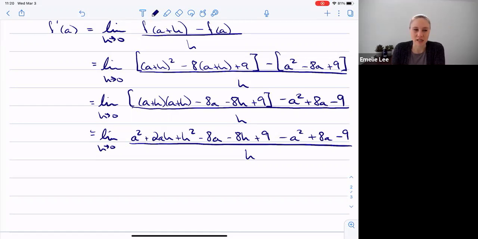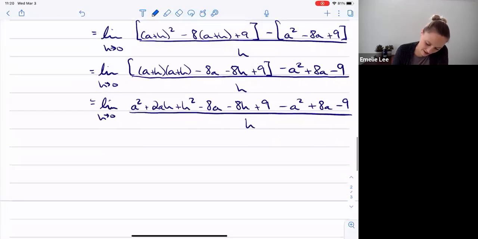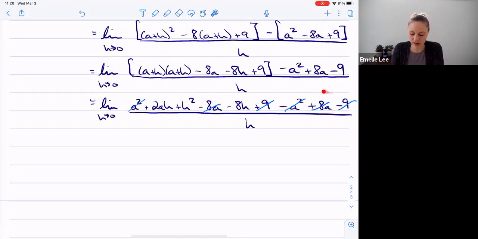So many things are going to cancel out, and it's awesome. For some reason it just feels so good. A squared minus a squared, negative 8a plus 8a, plus 9 minus 9. Typically these last few terms will always cancel out.